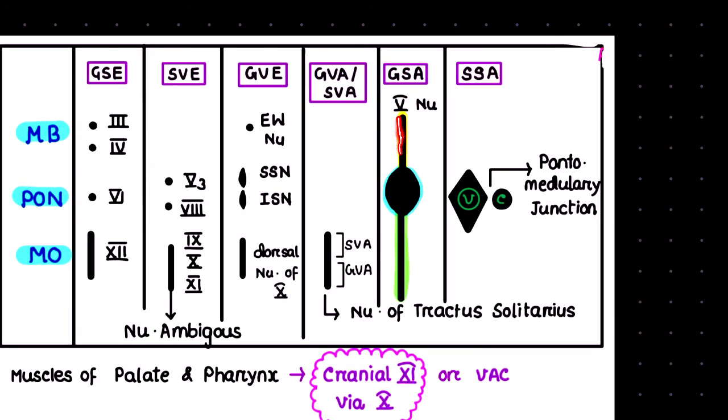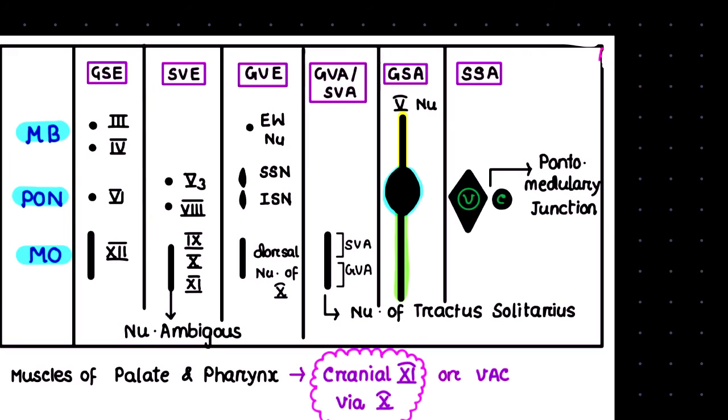The upper one, present in the midbrain, is long and slender, in the pons it gets enlarged, and again it gets narrower in the region of the medulla oblongata. It is a huge nucleus because it is formed by other nuclei also. Now talking about this GSA, this is one part, this is another part, and this is another part.